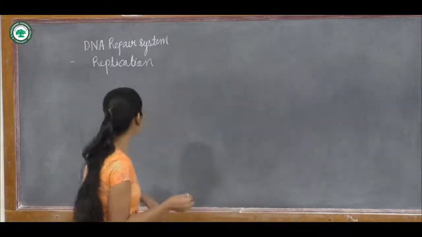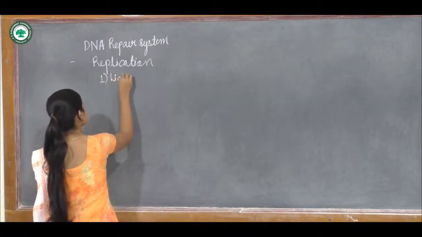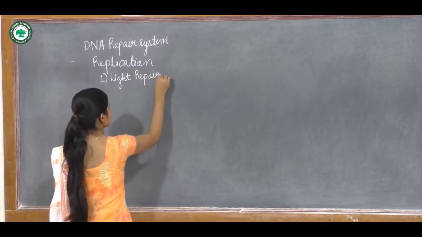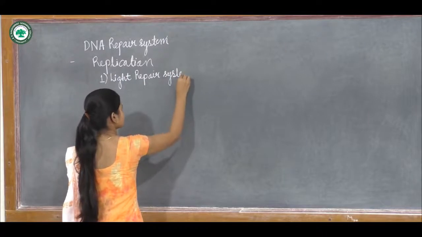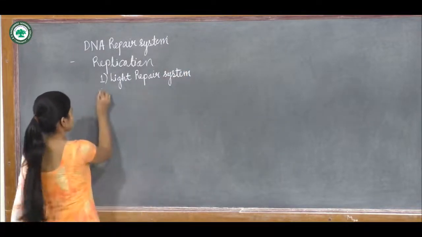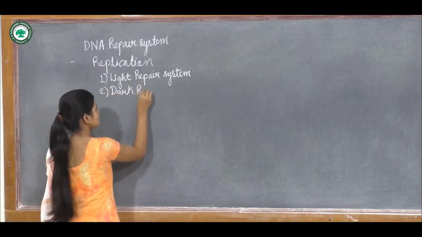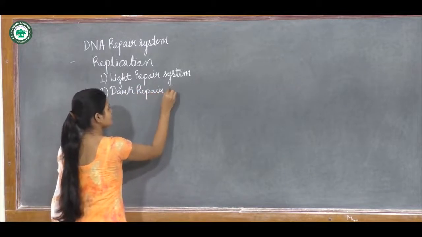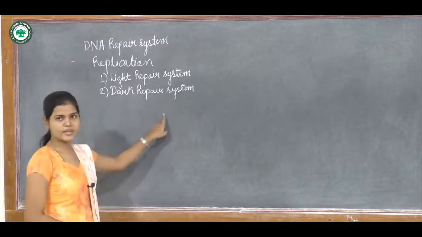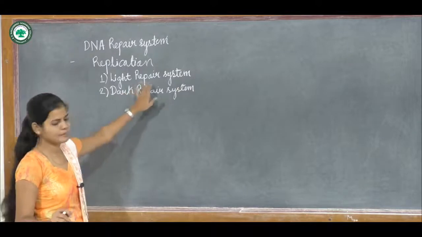So first is the light repair system, and the second one is the dark repair system. Now first we see about the light repair system.